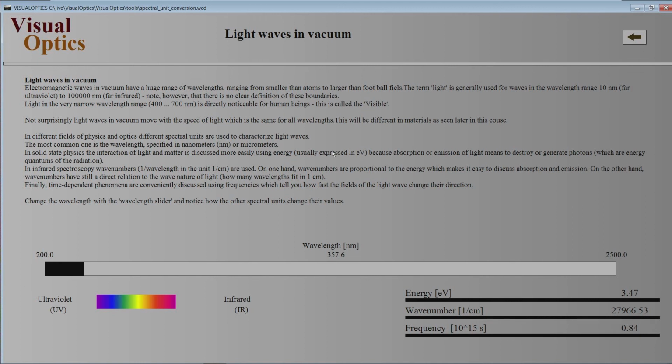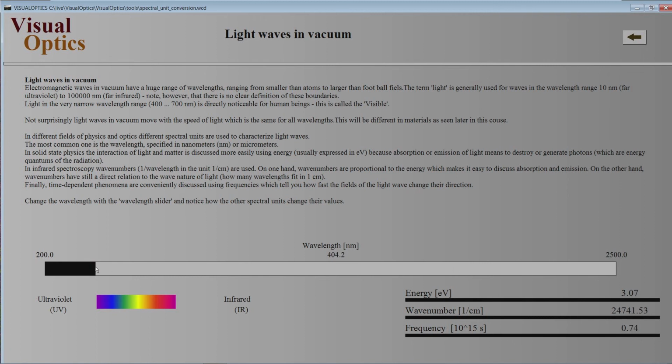Basically what I will show you are different areas of the wavelengths, starting here in the range 200 to 300 nanometers. That's called the ultraviolet spectral range, with energies basically above 3 electron volts.